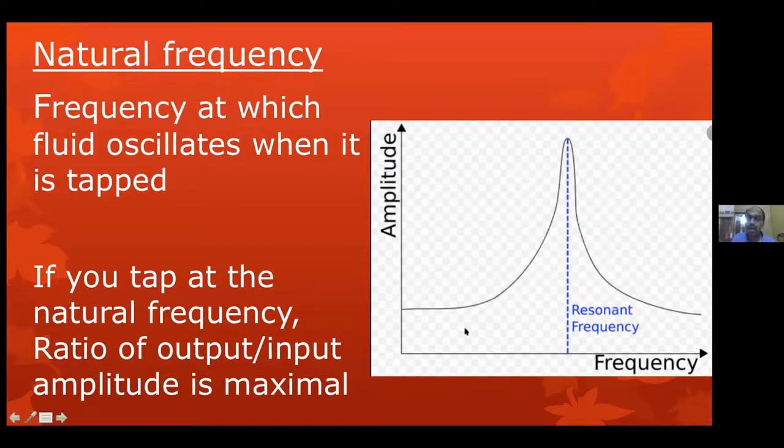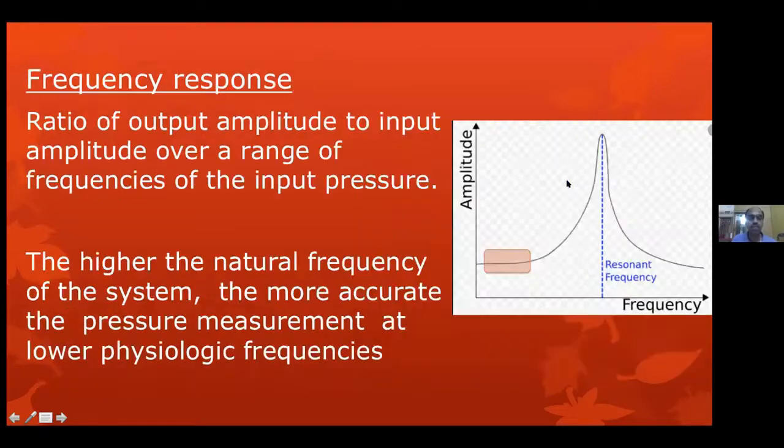So we need to have all the frequencies to be assessed in the straight part of the curve and not on the ascending part of the curve. And we should be trying to reduce this marked increase in the amplitude during the natural frequency. So there is something called frequency response. Frequency response is the output to input ratio for each and every frequency that is coming.